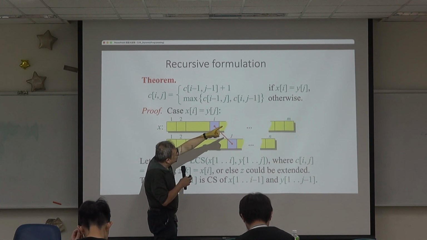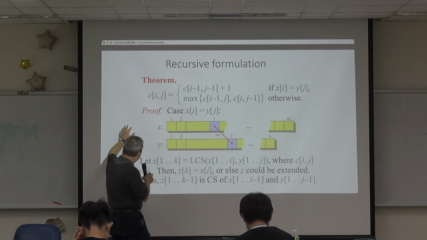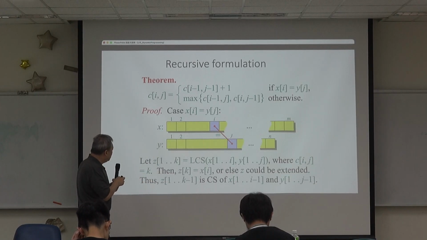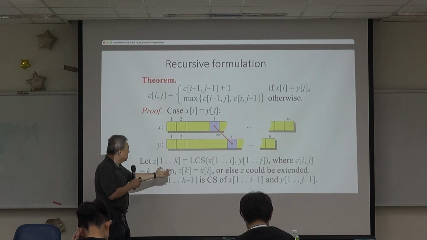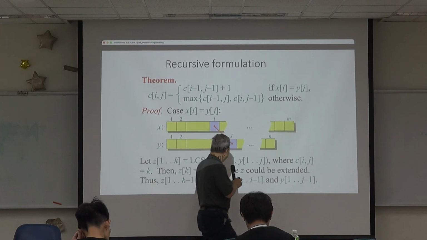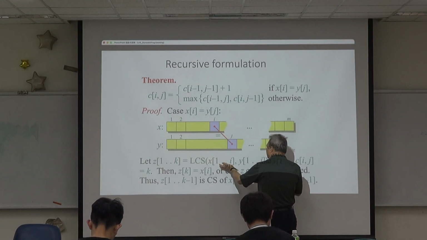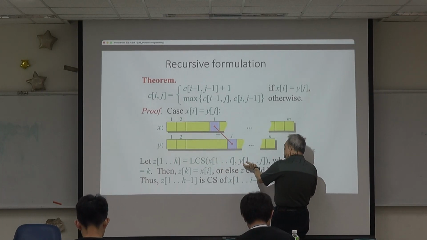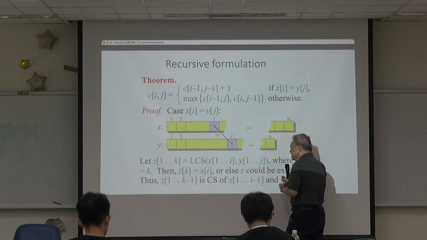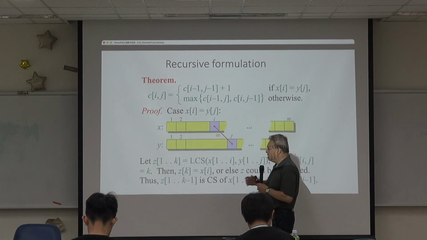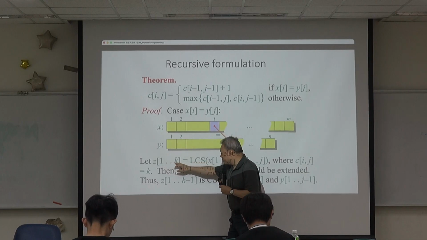So let's assume the LCS of the prefix of x from 1 to i and the prefix of y from 1 to j is z 1 to k.